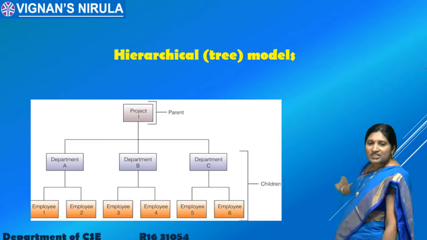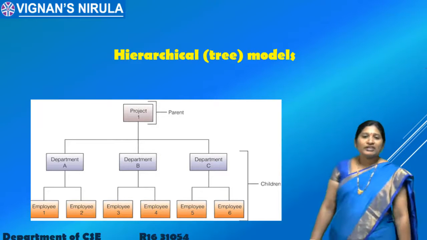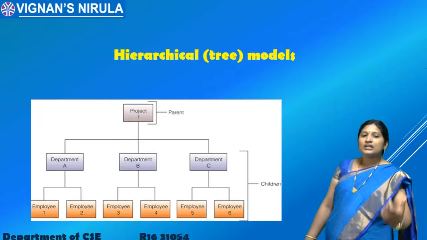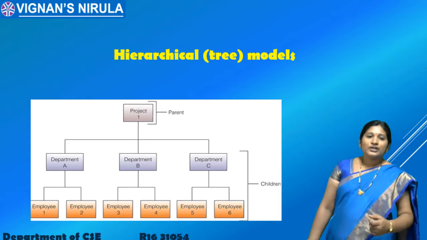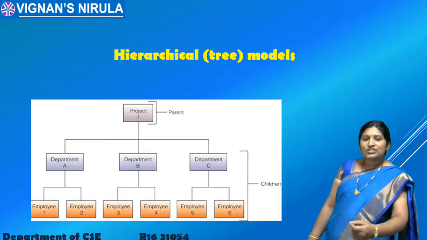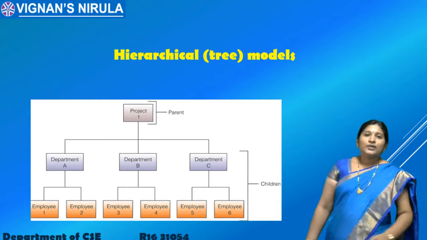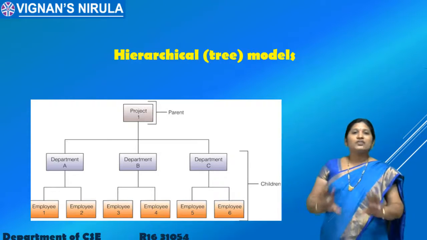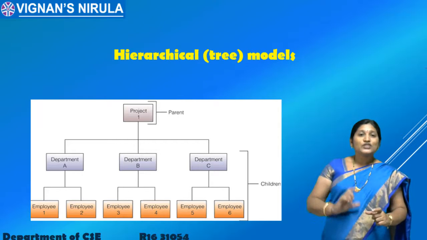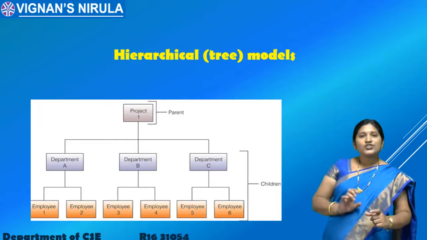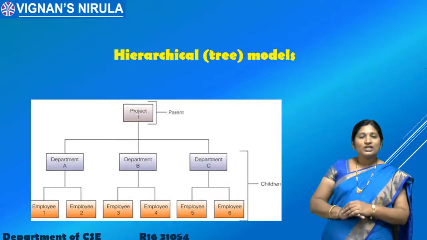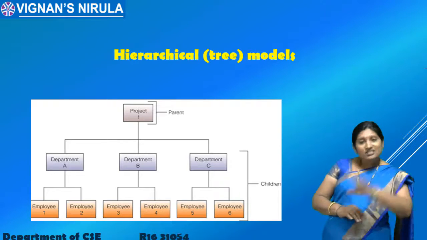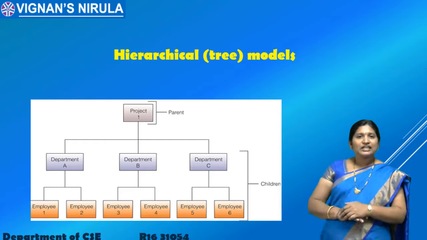And for Department C also I have Employee 5 and Employee 6. So here, who is the parent of Department A? Project 1 is the parent. For Employee 3, the parent is Department B. Like that, among each and every data item, we can establish a parent-child relationship in our database. Such kind of data models are called the hierarchical data model. This is a general example for the hierarchical data model.